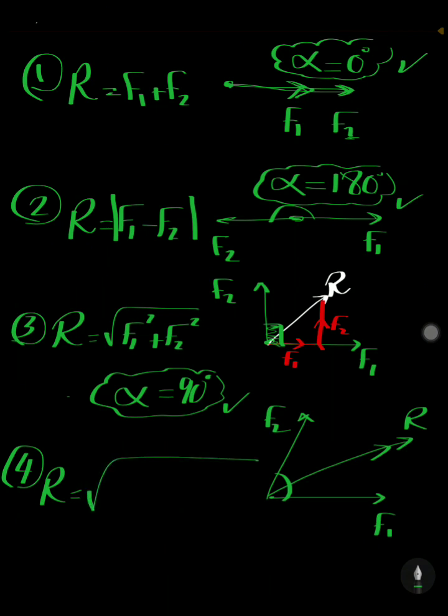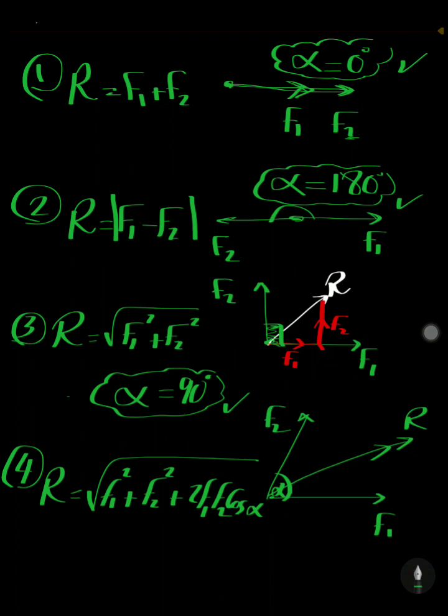To find the resultant by using cosine law, we make square root F1 power 2 plus F2 power 2 plus 2 F1 F2 cosine alpha. Alpha is the angle between the two forces.